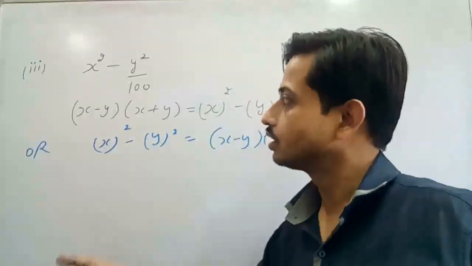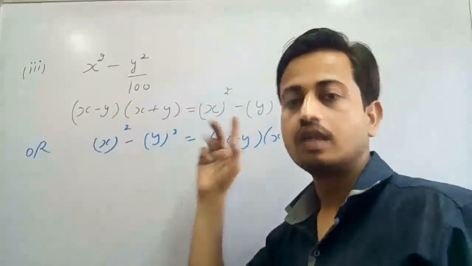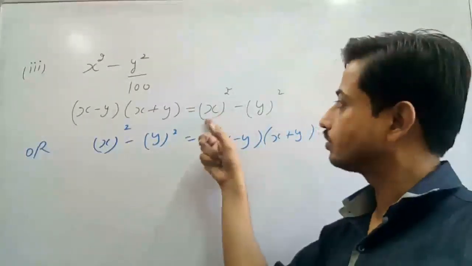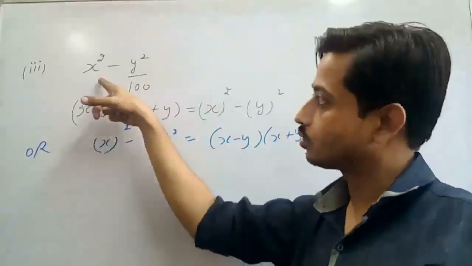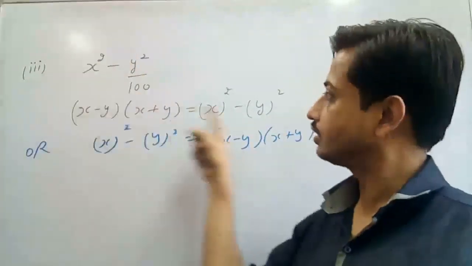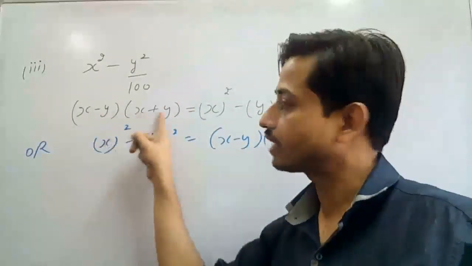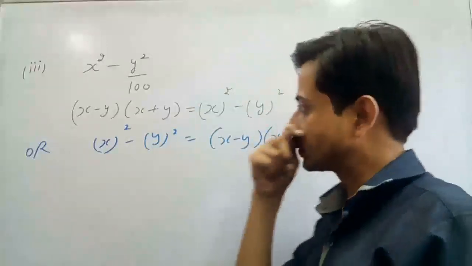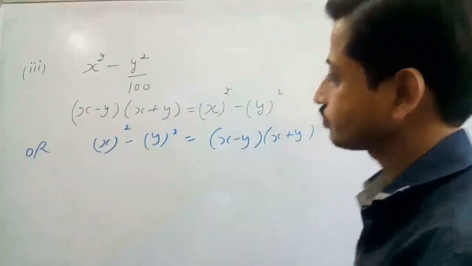In some questions you are given this form and you have to change it into this form, and in some questions you are given this form and you have to change it into the other format. So in this question we are given this format and we have to change it into this form. This is the factor form. So that's why I changed the order of the left hand side and right hand side.